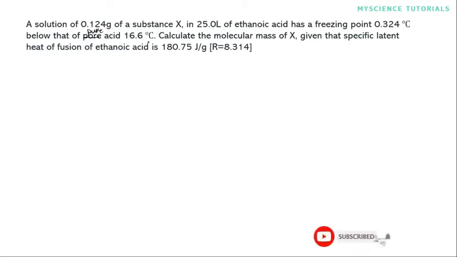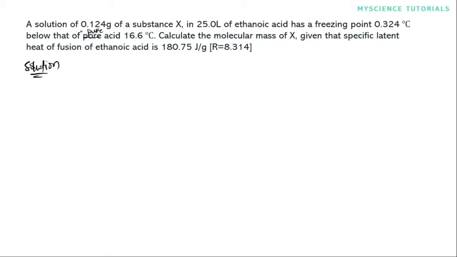So we have to calculate the molar mass of S, given that the specific latent heat of fusion of ethanoic acid is 180.75 joules per gram, given that R is equal to 8.314. All right, so let's write down our solution.